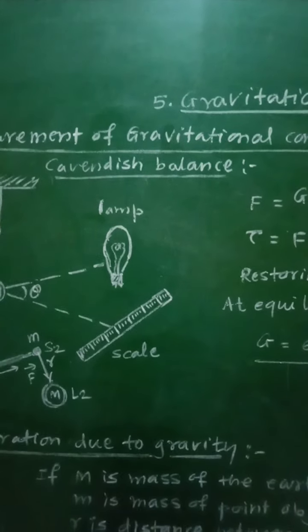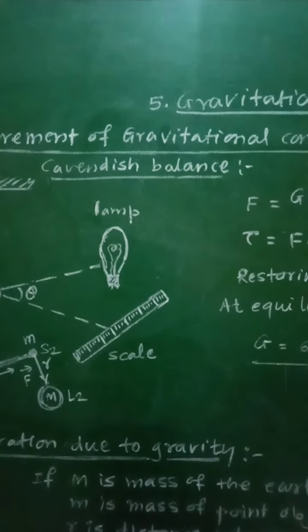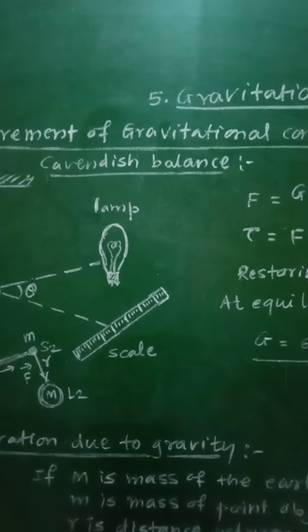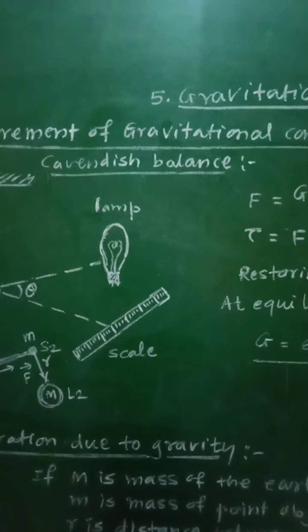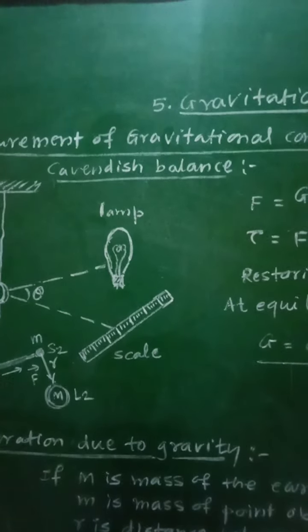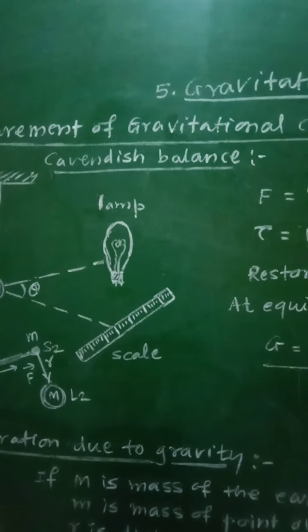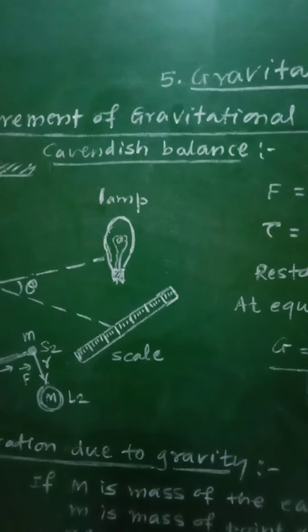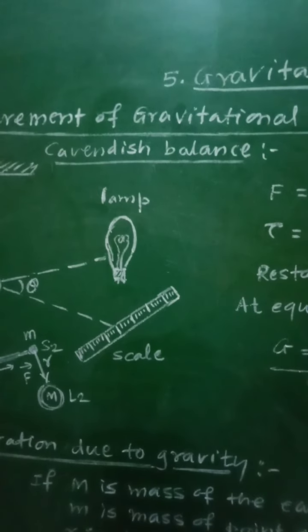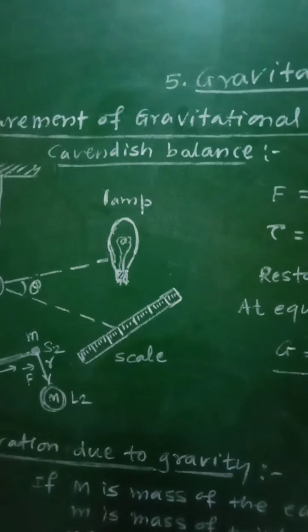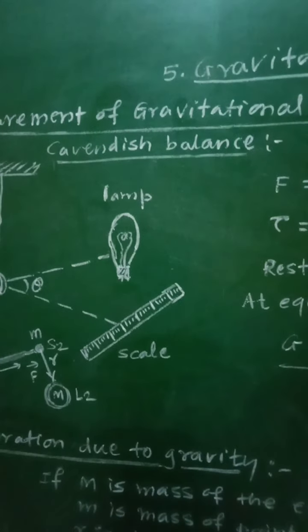The magnitude of gravitational constant is found by measuring the force of gravitational attraction between two bodies of masses m1 and m2 separated by a distance L. If two bodies having masses m1 and m2 are separated by a distance L, then by measuring the force of gravitational attraction between them, the magnitude of gravitational constant can be determined.